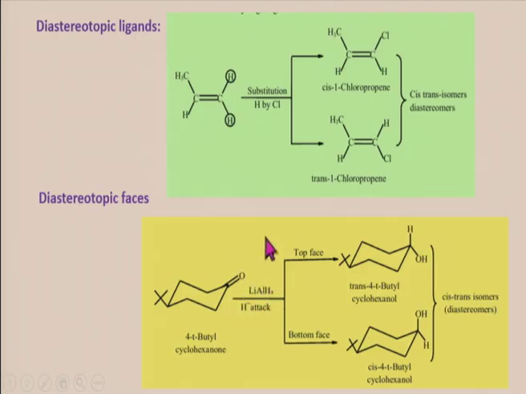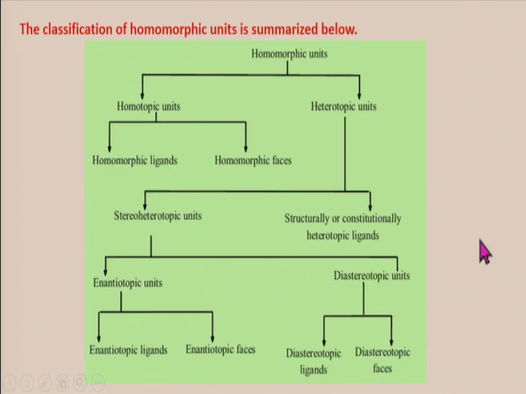Top face attack results in the formation of the equatorial hydroxy derivative, and bottom face attack results in the axial hydroxy derivative. Both of these are diastereomers. So, we call these diastereotopic faces, and this is the classification of the homomorphic units given in this flow chart.